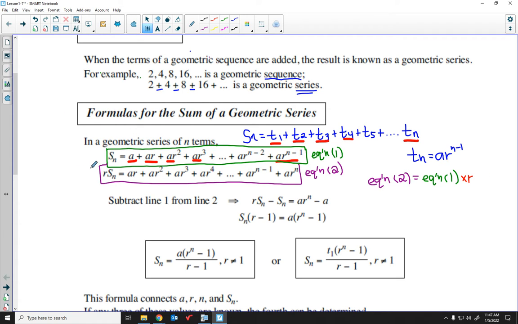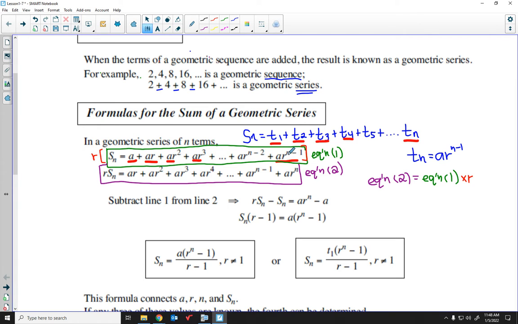So you can see this. If I take everything right here and I multiply it by r, then you'd have r times Sn. Sn just means the sum of the terms in the sequence. Then you'd have a times r is ar. ar times r is ar squared. ar squared times r is ar cubed. ar cubed times r would be ar to the power of 4.